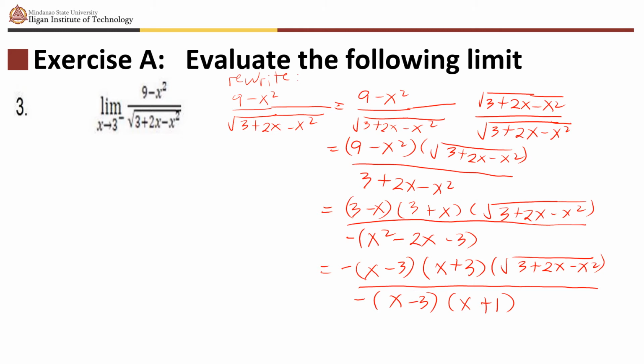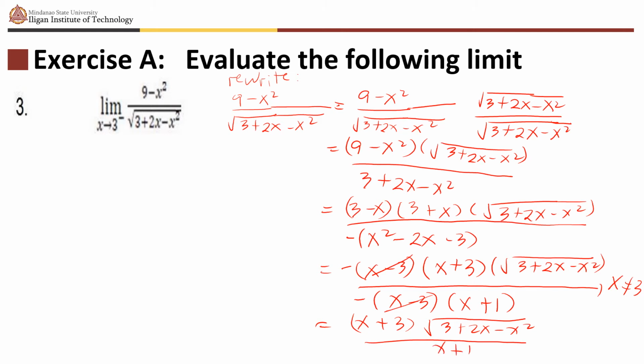So again, because x is just approaching 3, meaning to say x is not equal to 3, we can divide out x minus 3 with x minus 3. So the result is now x plus 3 times the square root of 3 plus 2x minus x squared all over x plus 1.